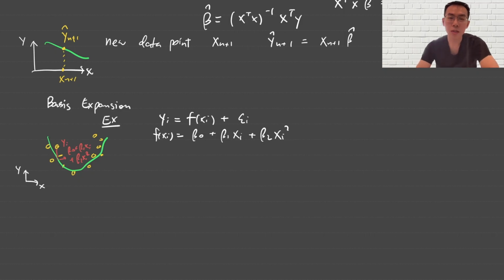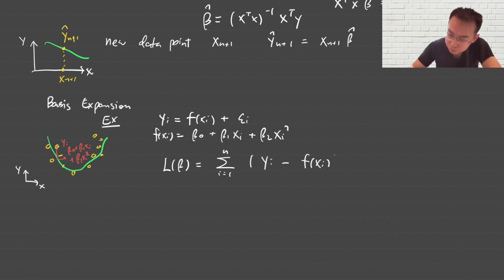Okay, we can just do the same and write down the objective function L of beta equals the sum from i equal to 1 to n, and let's take the distance squared, yi minus f of xi, squared.